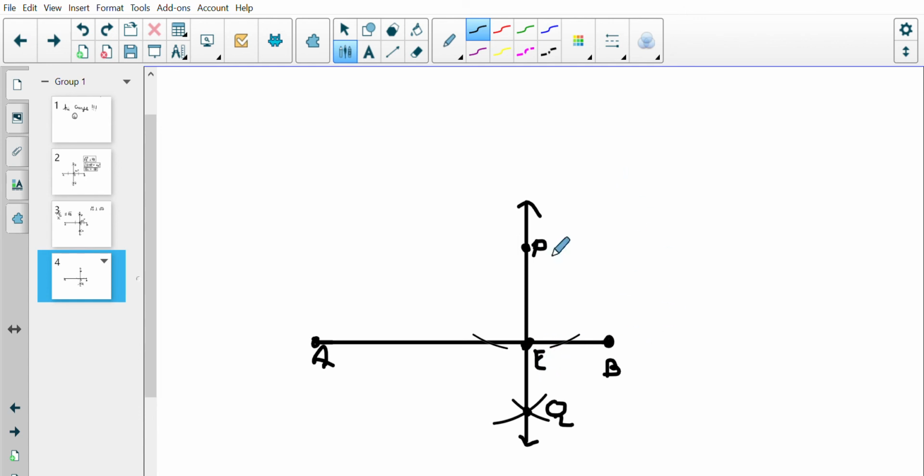Now all we have to do is the writing part which is left. So we've got line PQ. Line PQ is perpendicular to line segment AB, isn't it? Because line PQ is 90 degrees and line AB is the base of the angle.